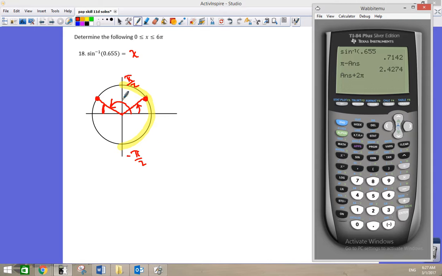I'm going all the way around and ending up back at that same point. And then I'm adding 2 pi and going all the way around the circle, but I'm stopping at the correct point that has that y-coordinate that's 0.655. So there's my other 3 solutions for this problem.